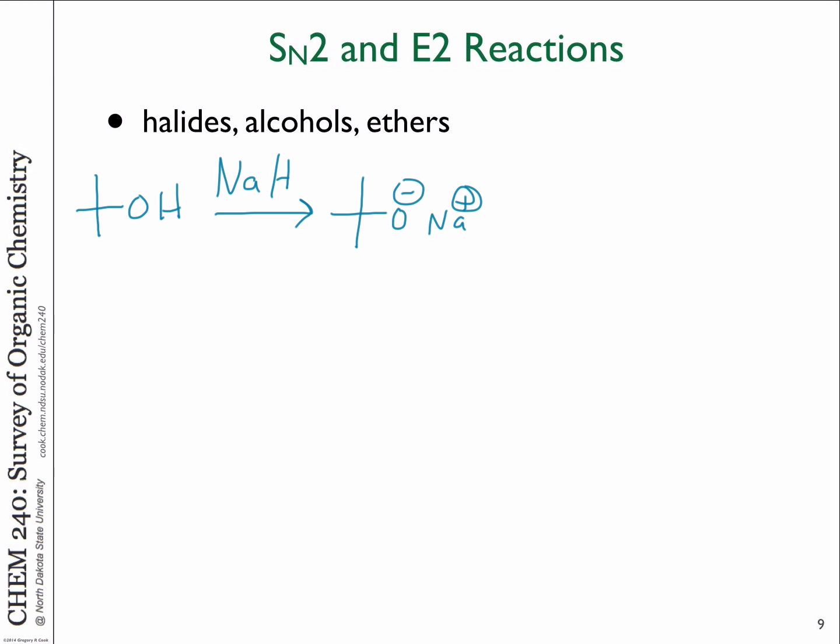Now we can do things with this. We can do a substitution, an SN2 substitution of, say, iodoethane. What's the product?